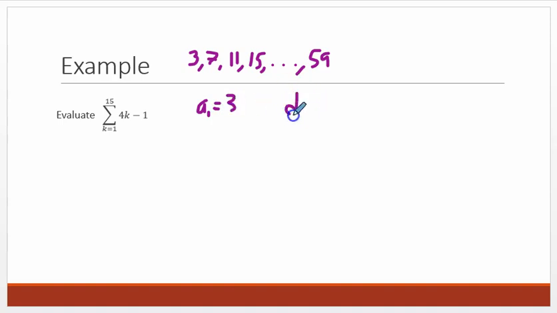We know d is equal to 4. We know a sub n, the last term that we're dealing with, is 59. And we even know n actually, because n is just that number on top. So there must have been 15 numbers altogether. It's how many numbers we had, because the last number we plugged in was 15.